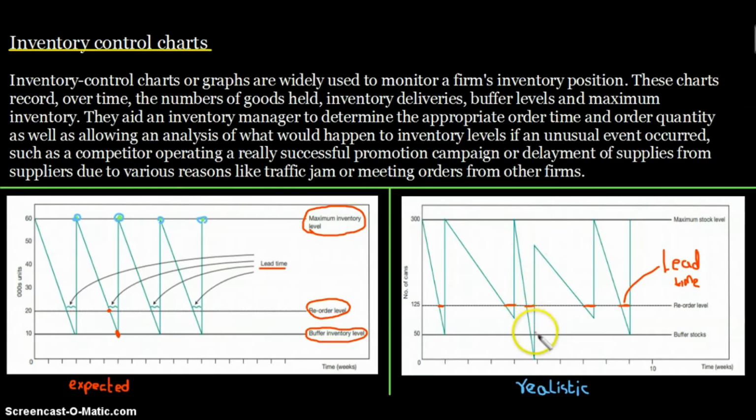So suppose you didn't have this buffer inventory level, these 50 extra units, then you wouldn't be able to have this extra production that took place over here.